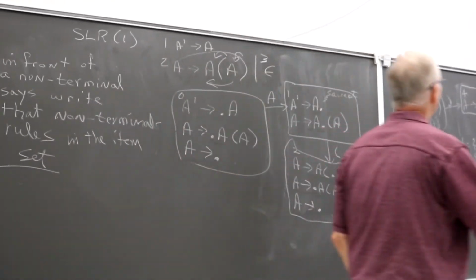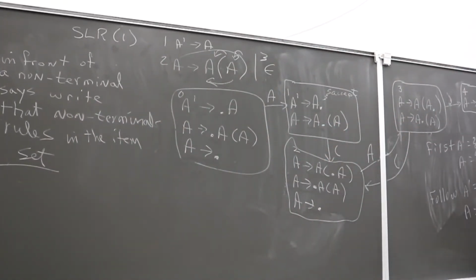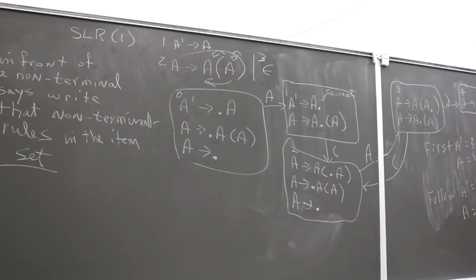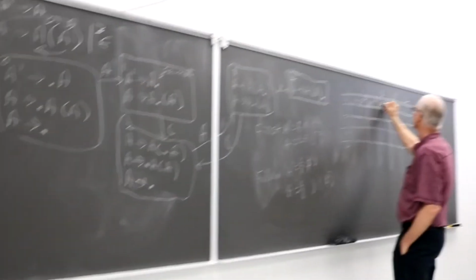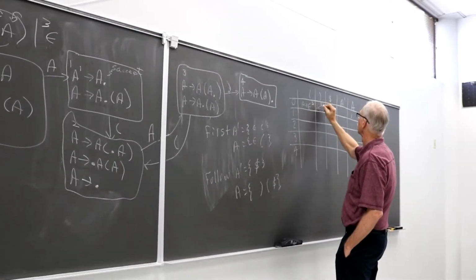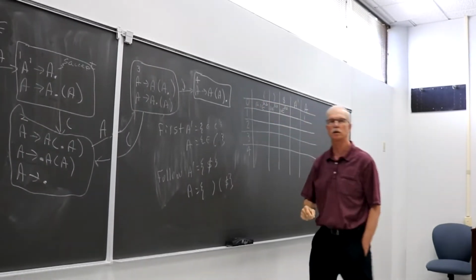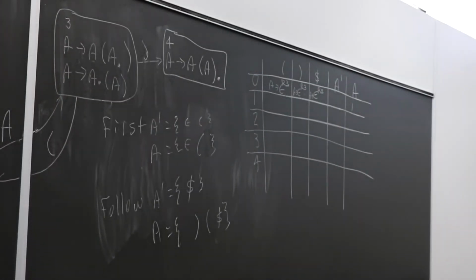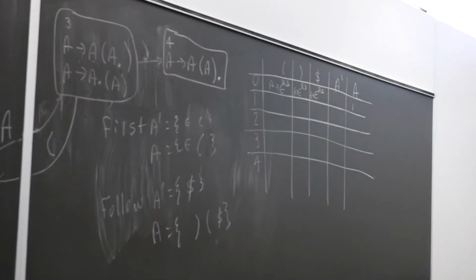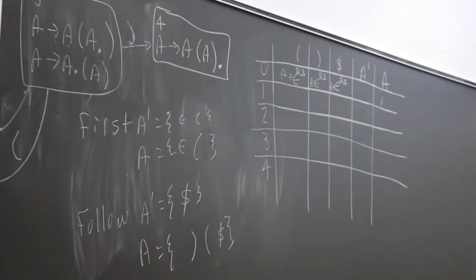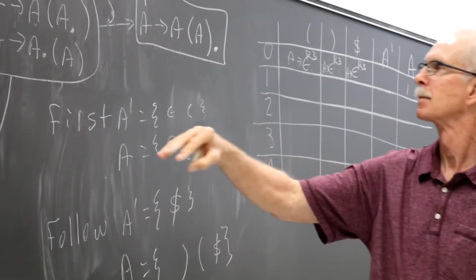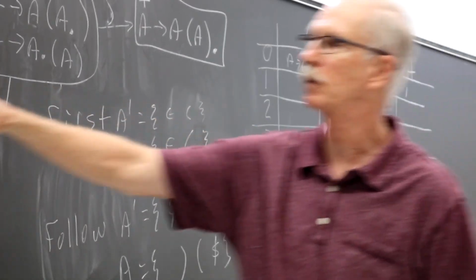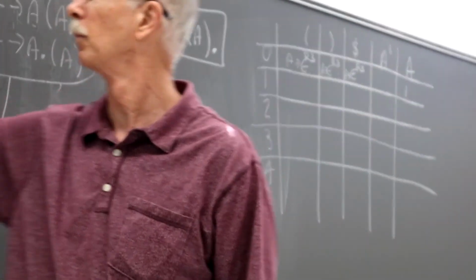The text will write a 3 in here. I don't think they even write the R, but it means reduce by rule 3. Okay? And so I've captured item set 0.